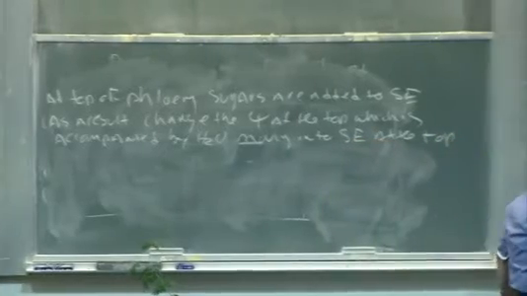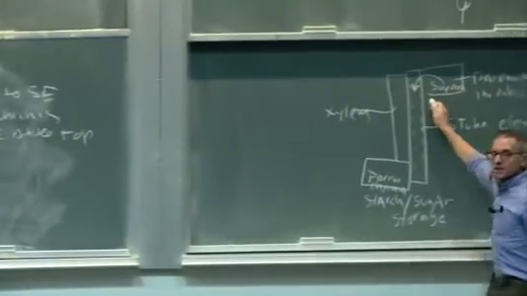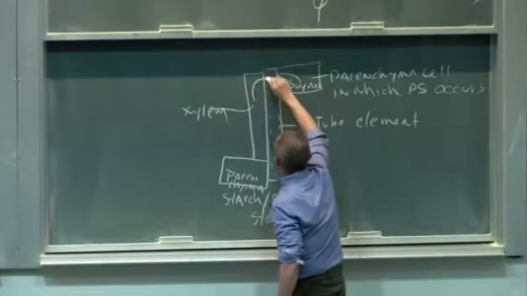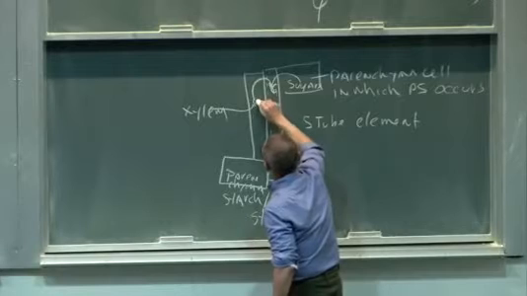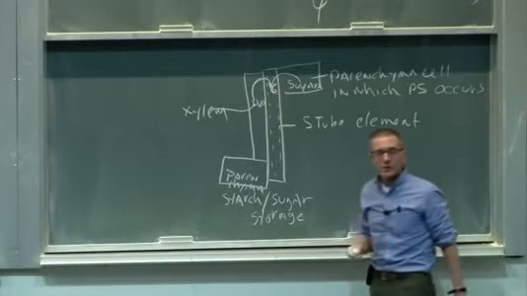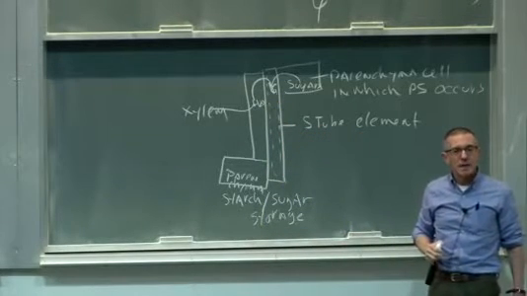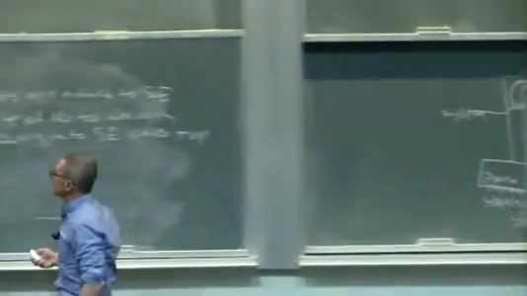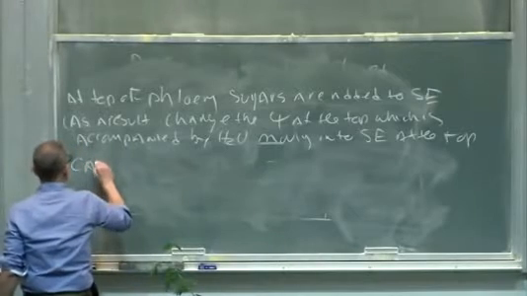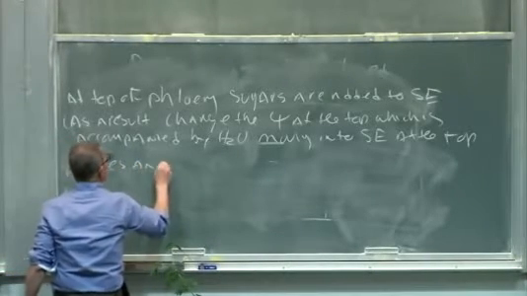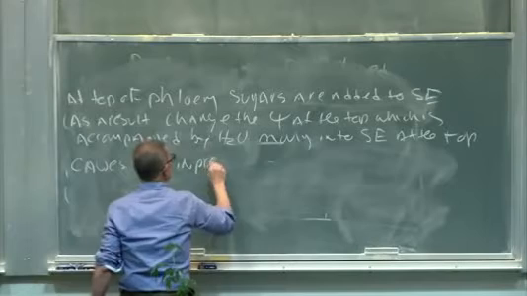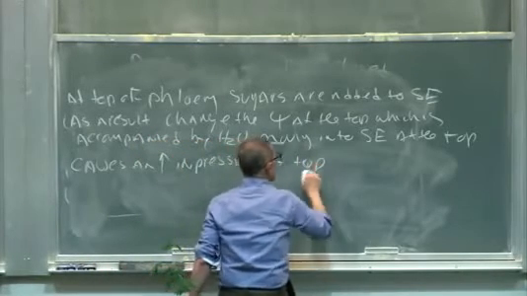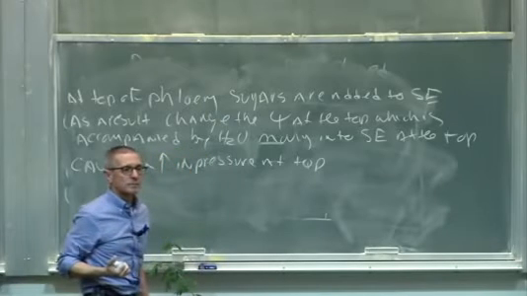So not only do we have the sugars going in, but this is now changing the water potential and results with water also moving in from the adjacent xylem. Water moves in from the adjacent xylem. Now, as a result, this causes an increase in pressure at the top. An increase in pressure at the top.